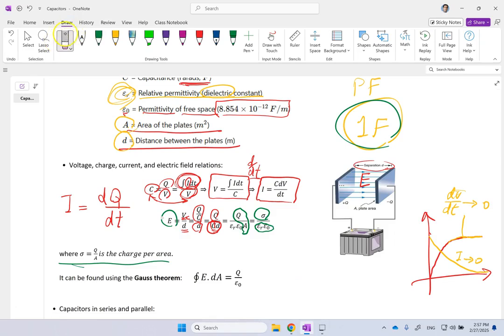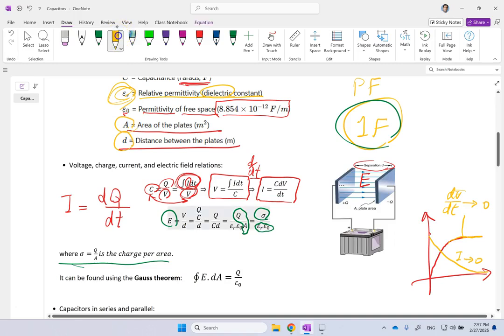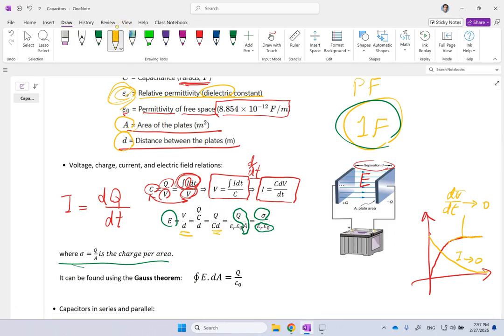But most of the time, the formula that we use is V over D. This is the most common formula that we use, although we can use this one as well. Most of the time, the ones that are easily measurable are V and D, because D we can find from the data sheet and V we can read from a multimeter. So just by measuring those, I can get my electric field.